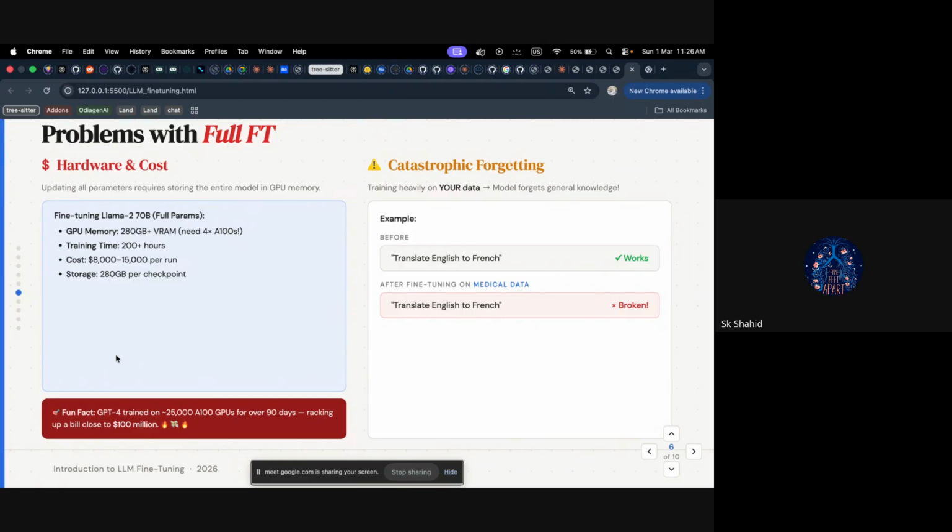Our brain also has trillions of neurons, trillions of parameters, like a model. So if I'm totally resetting my brain and I want it to learn new information by full parameter fine tuning, it will forget whatever I've learned earlier, right? It will start forgetting it.